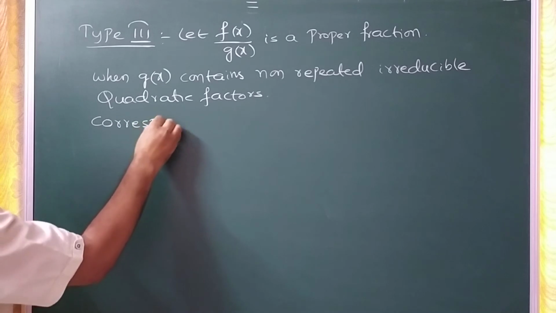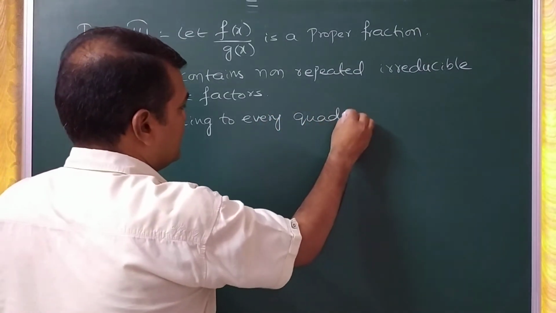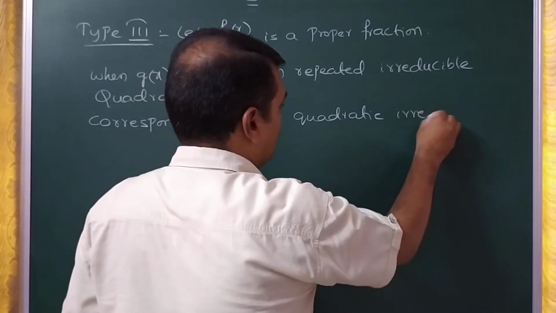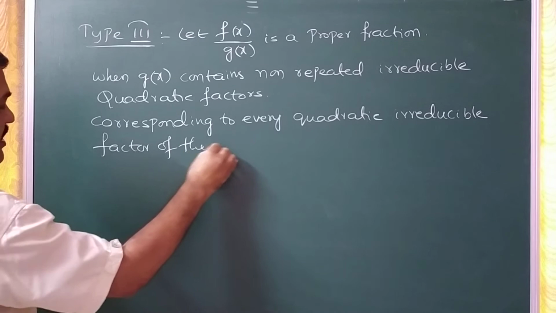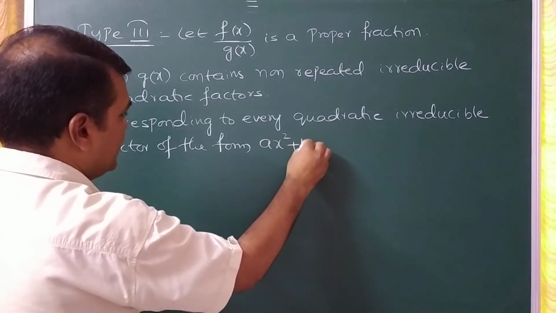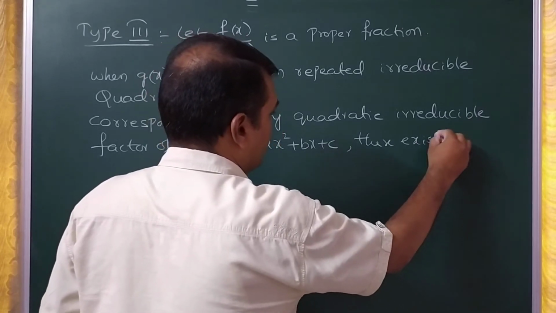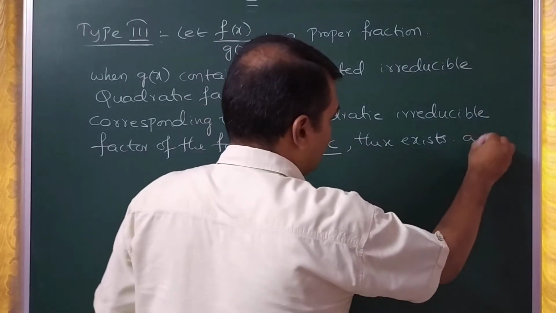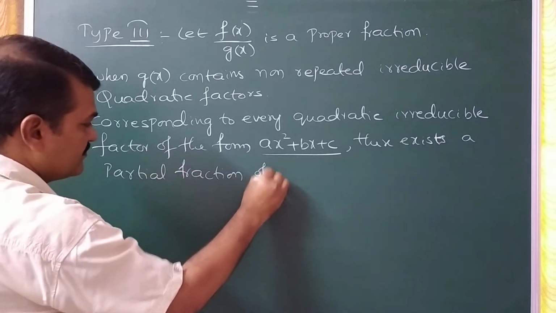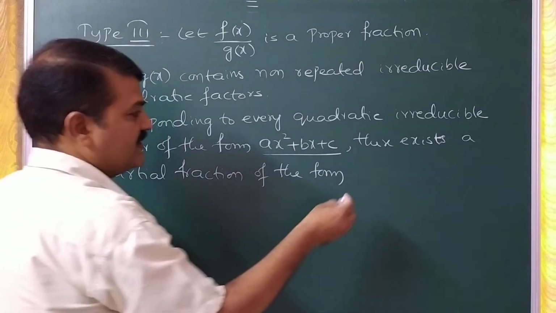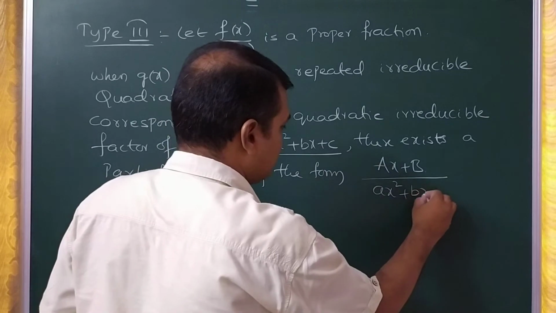So corresponding to every quadratic irreducible factor of the form ax square plus bx plus c, there exists a partial fraction of the form ax plus b by ax square plus bx plus c.